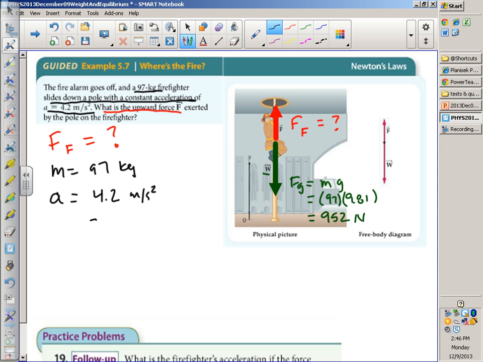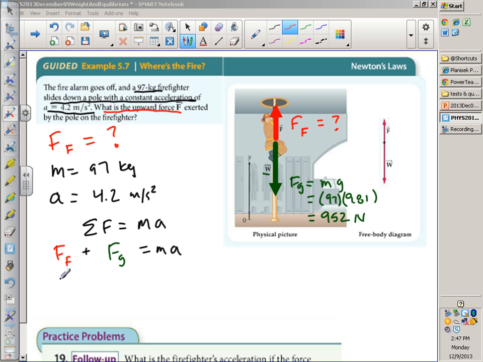So, an accelerating object, we analyze using Newton's second equation. Sigma F means net force, or the total force. Again, there are two forces here, F of F plus F of G, because we've got to look at the combined effect of all those forces. Those together equal M times A. Good there?